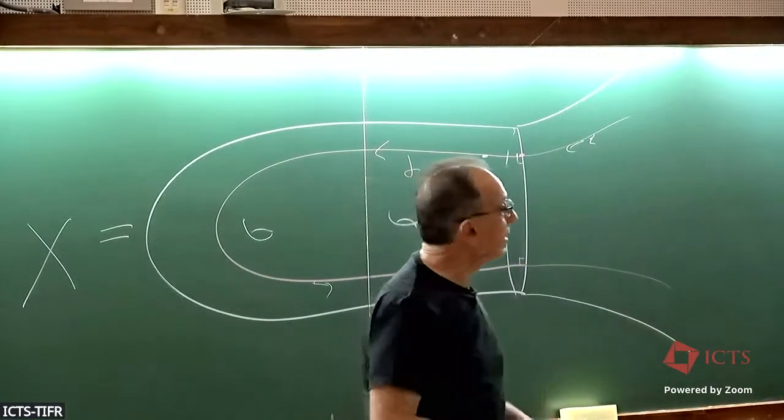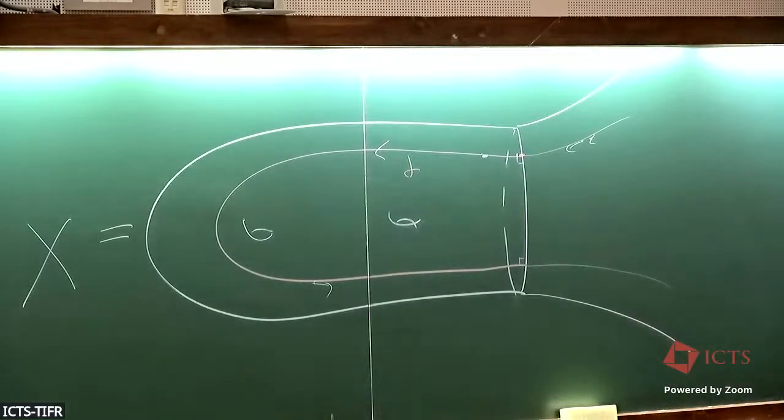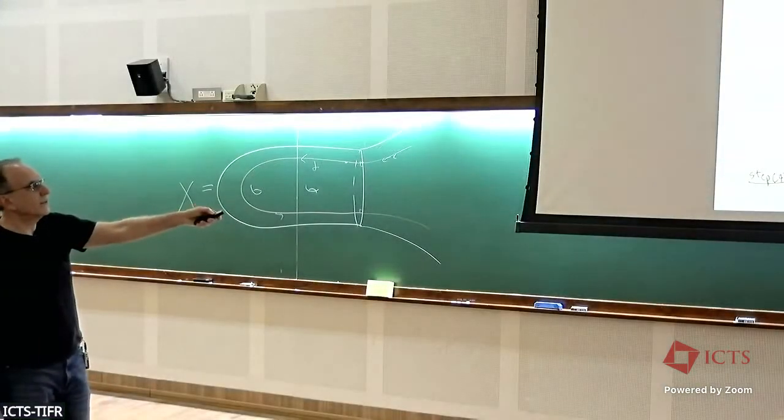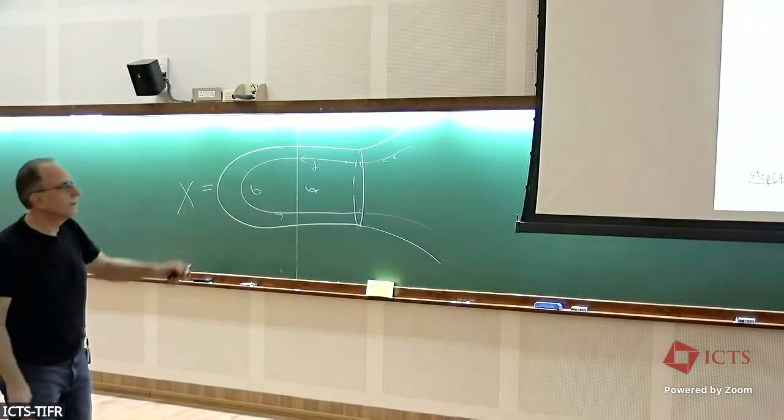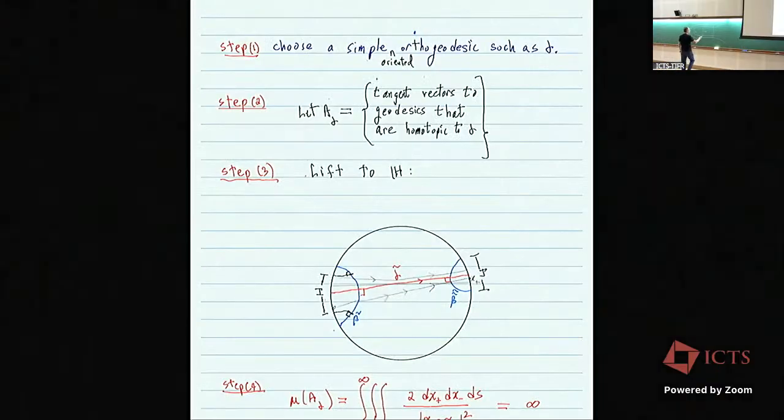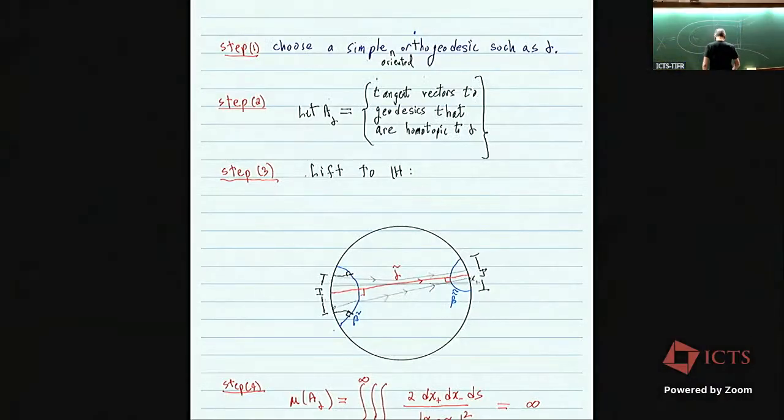But more than that, there's a whole family of geodesics that start perpendicular here. And then maybe they can't hit perpendicular to here and still be homotopic to delta, but they'll hit at some angle.